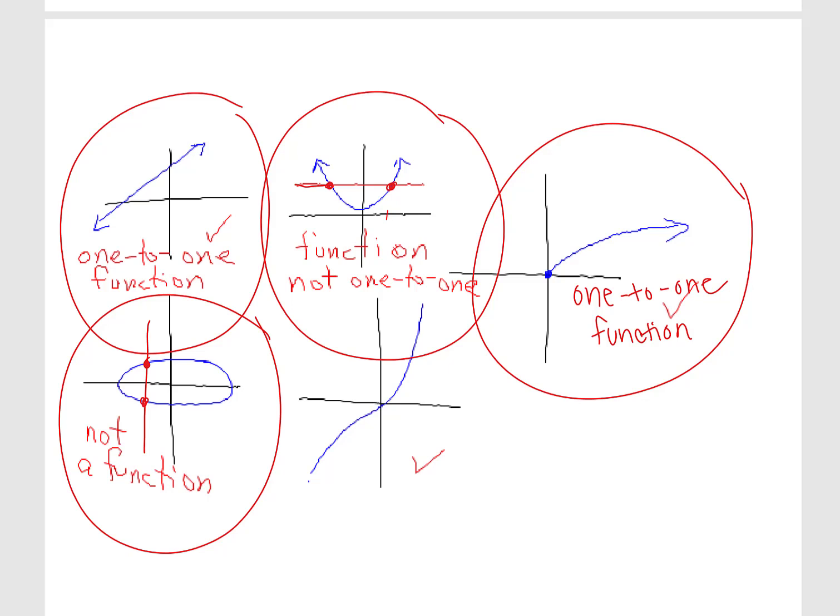There's 2 y's, right? And we see that that would happen at multiple spots on that graph. So that one's not even a function. And then looking at this one right here, going from left to right, if I took a vertical line across, it would check out as a function. And then if I did a horizontal line and swept it downward, it would pass that horizontal line test as well. So this one would be a one-to-one function as well.